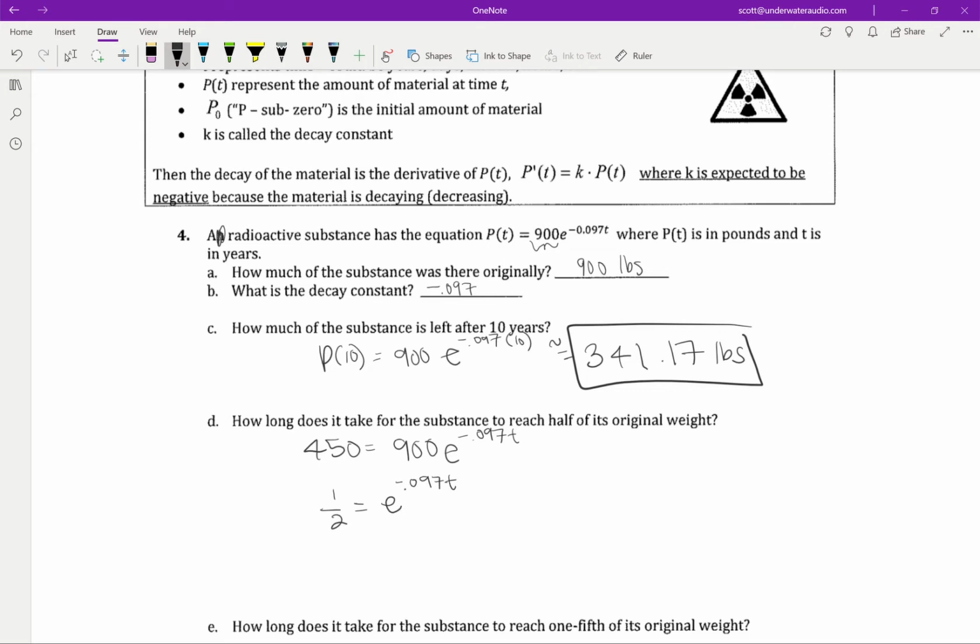And then the natural log of both sides. And natural log of e to a power simplifies to just be that power. And then I would divide by negative 0.097. So that gives me that t is equal to natural log of 1/2 divided by negative 0.097.